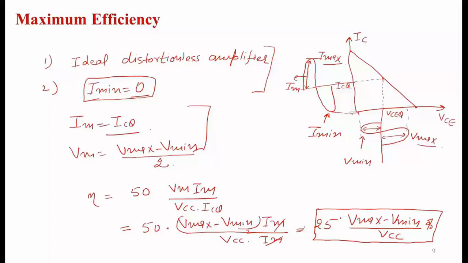Now we will find the maximum efficiency for two different configurations of class A amplifier, that is the series fed amplifier and the transformer coupled amplifier.